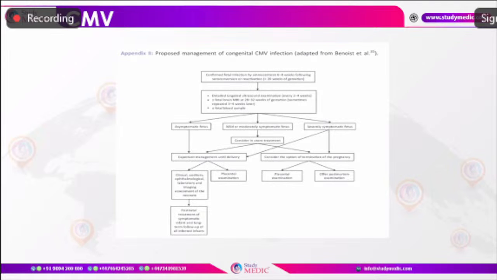And if the baby is severely symptomatic, again, we can offer expectant management or the option of termination of the pregnancy can be given to the couple. Even after termination of the pregnancy, we need to offer them postmortem examination and placental examination.